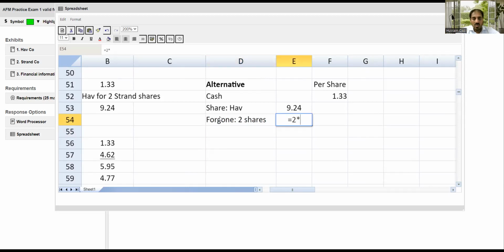Each value 4.77. So actually, if Strand forgoes 9.54 and receives 9.24, then the loss with respect to the exchange of shares only is 9.24 less 9.54, that's -0.30.